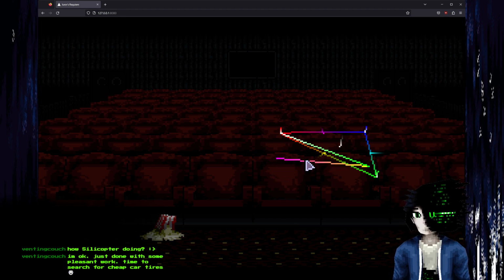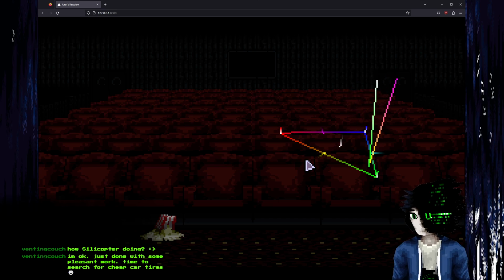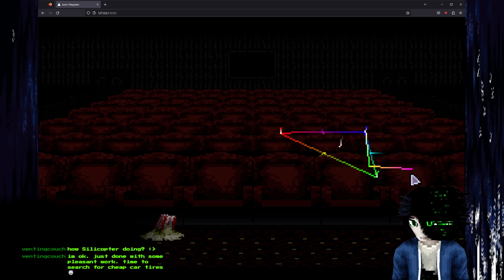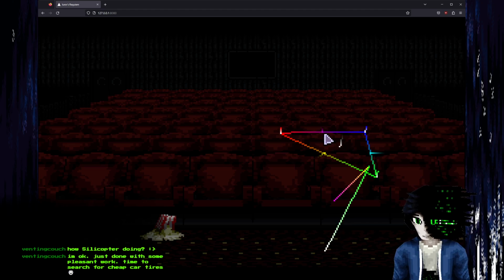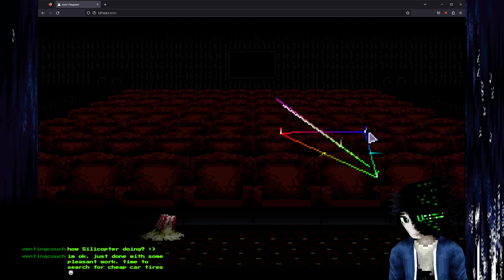Oh, yeah. So what we're trying to do here is we're giving it a point in 3D space, which is like the end of this purple line, and we've got this triangle, and we're basically trying to keep it within the triangle, and it's not really working yet.